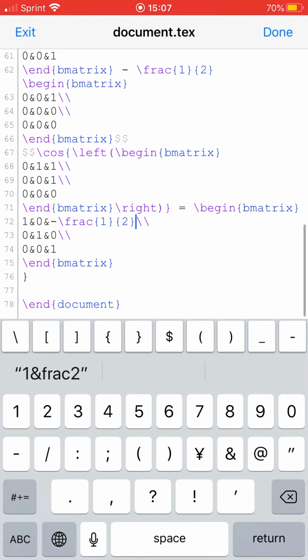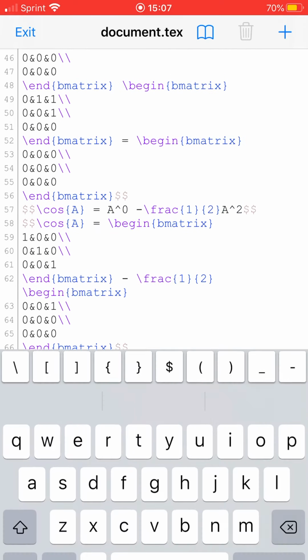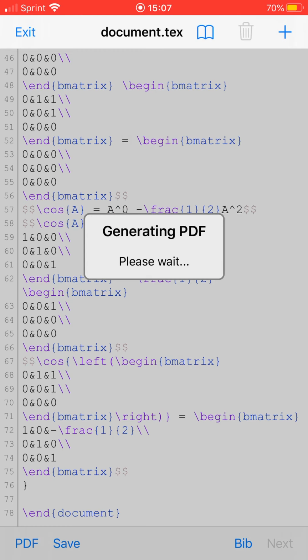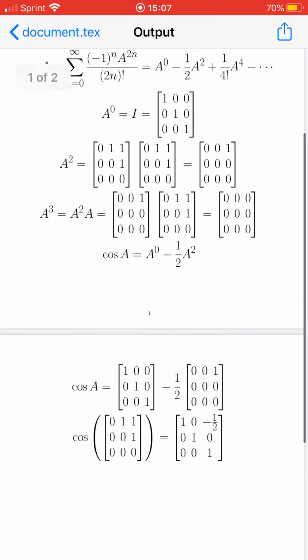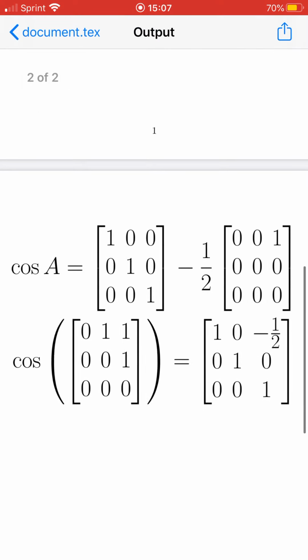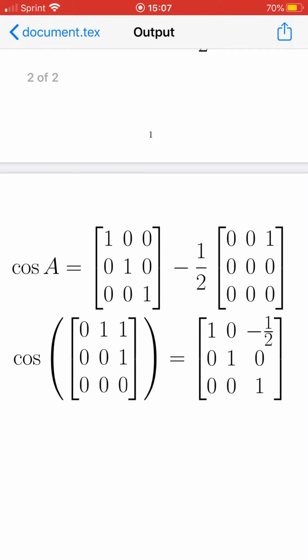So this is our final answer for cosine of A. Cosine of this matrix 0, 1, 1, 0, 0, 1, 0, 0, 0 is equal to the matrix 1, 0, negative 1/2, 0, 1, 0, and 0, 0, 1. So that's our final answer after doing the matrix subtraction.